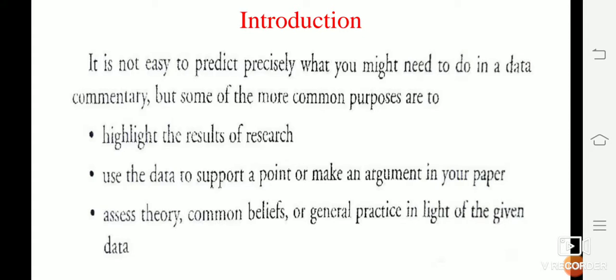Assess theory, common beliefs, or general practice in light of the given data. So these are the purposes.